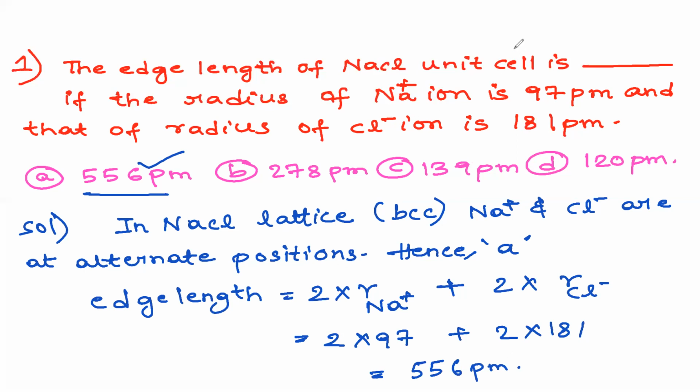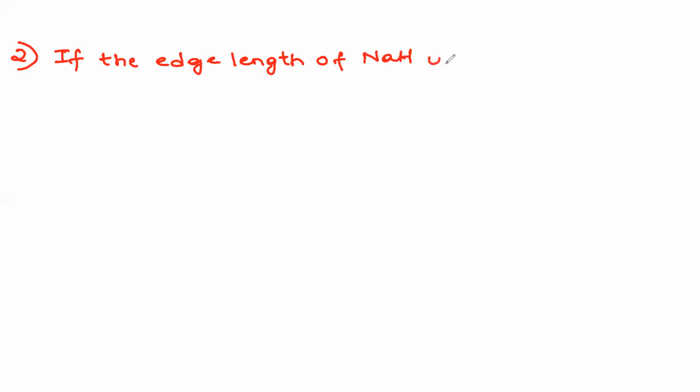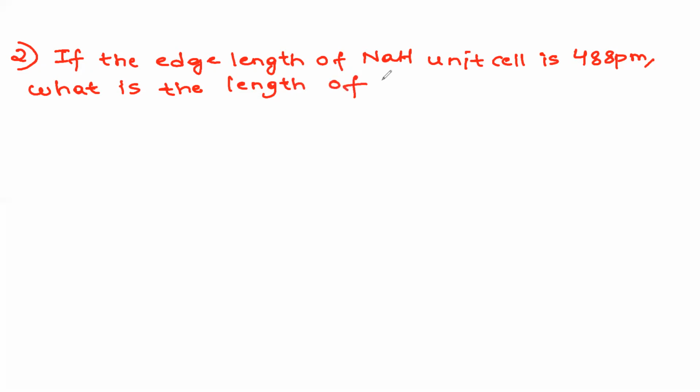Next, question number 2, model number 2. If the edge length of NaH, that is sodium hydride, unit cell is 488 picometers, what is the length of NaH bonds, that is sodium and hydrogen bonds?